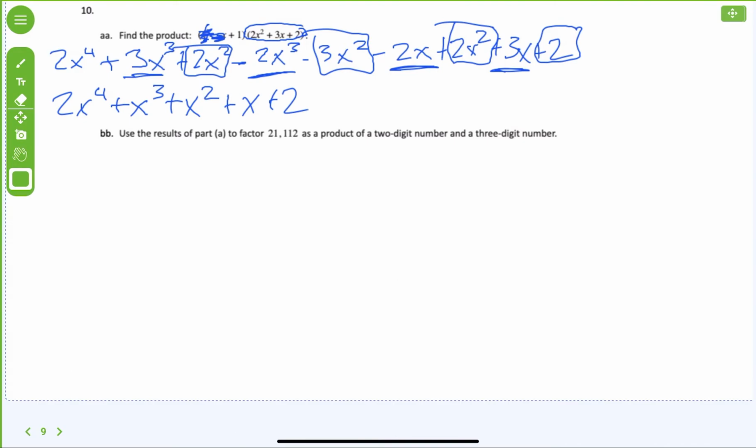Now, just looking at that, we have 2, 1, 1, 1, 2. What do we need those x's to be?